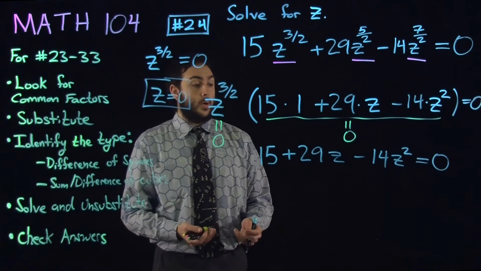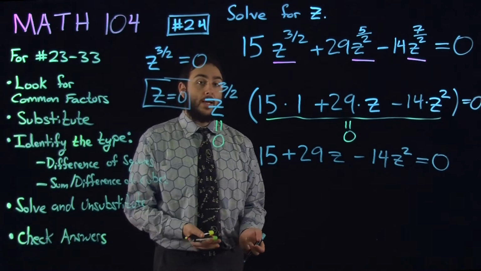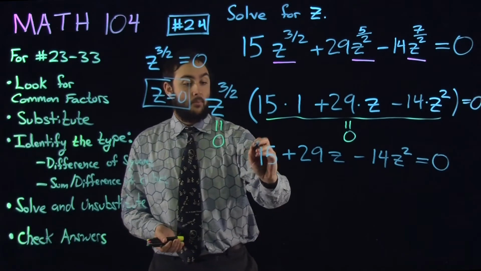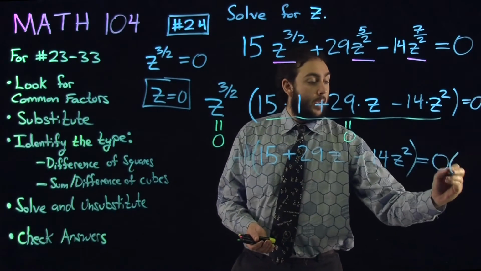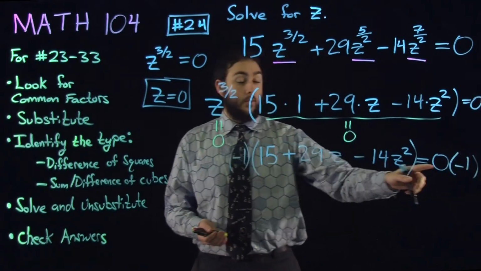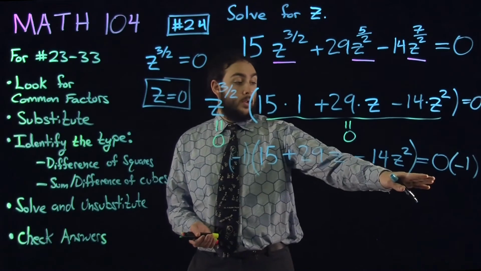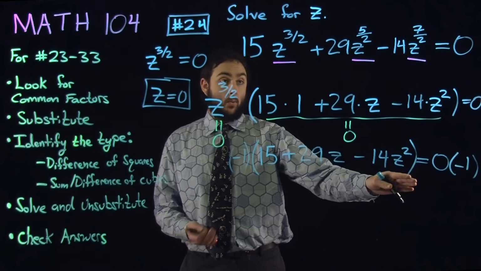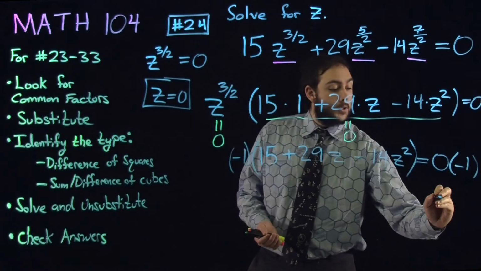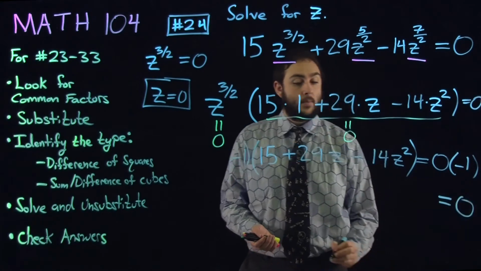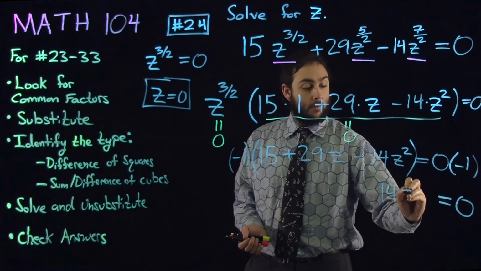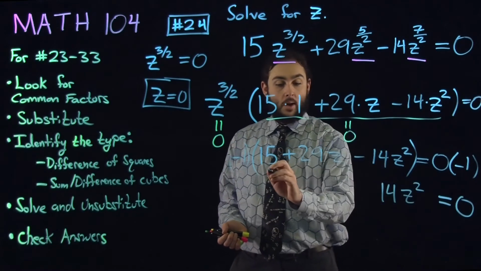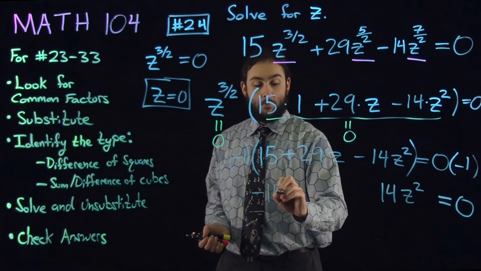So what I'm going to do is multiply this whole equation by negative 1 to make it so. And I'm going to multiply by negative 1 on the right as well. Of course, the right-hand side is 0, so it won't change the value, but it's good to do.